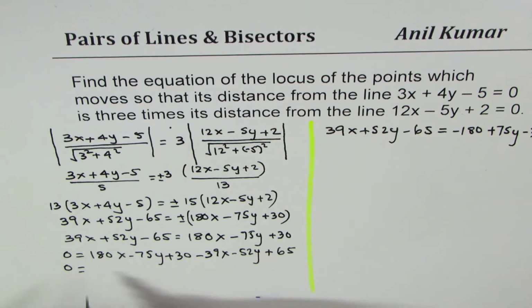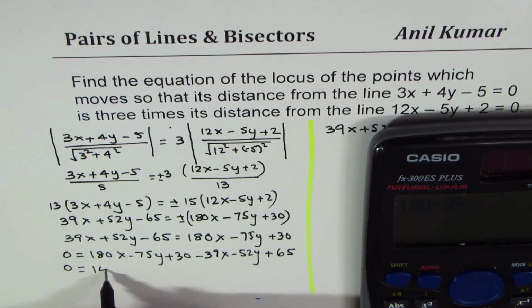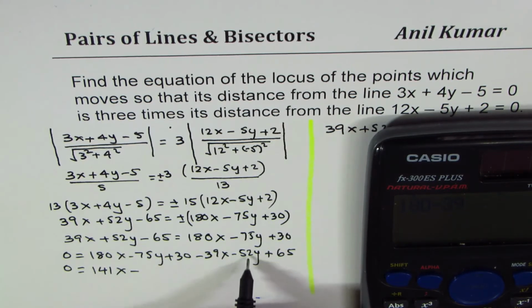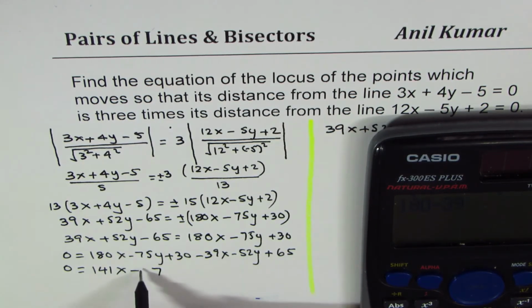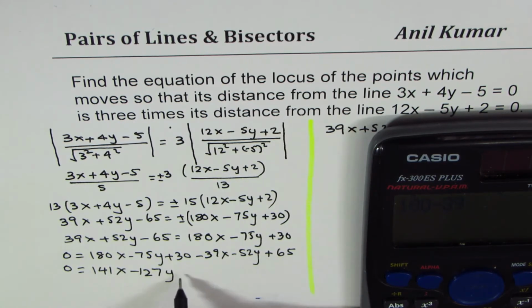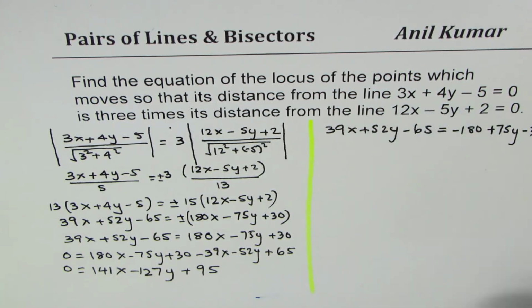So we get 0 equals 180 minus 39, that gives you 141x, minus 75 and 52, they just add up, so it is negative, 127y. And 30 and 65, when you add, you get 95. So that becomes one equation.